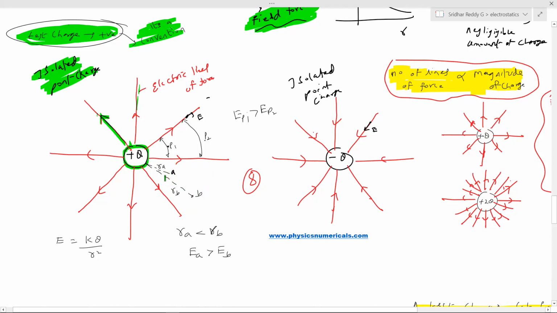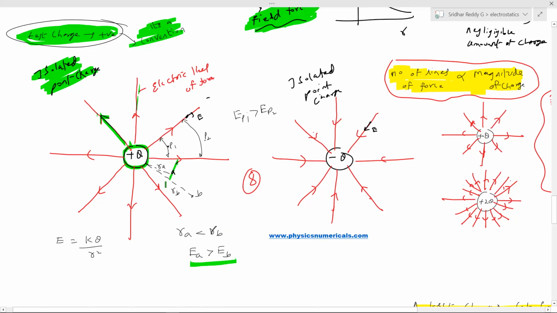As the field strength decreases, the spacing between the lines of force will increase. Able to get this? So this will help us to draw the lines of force. Where the spacing is less, the field strength is said to be more.